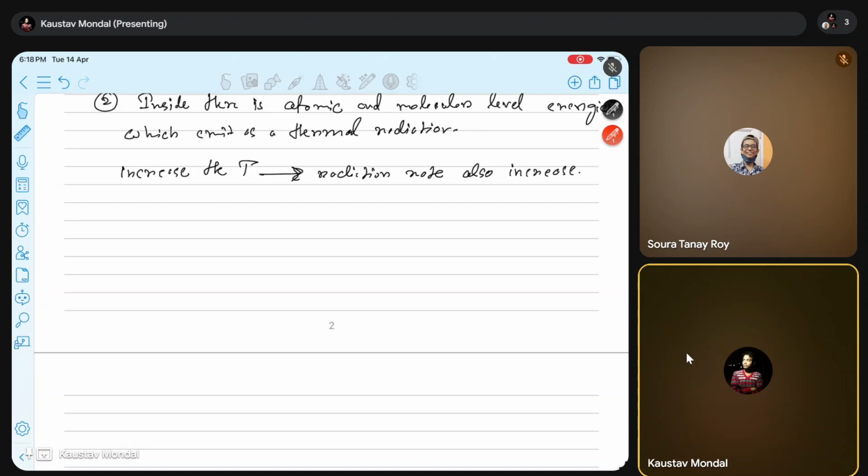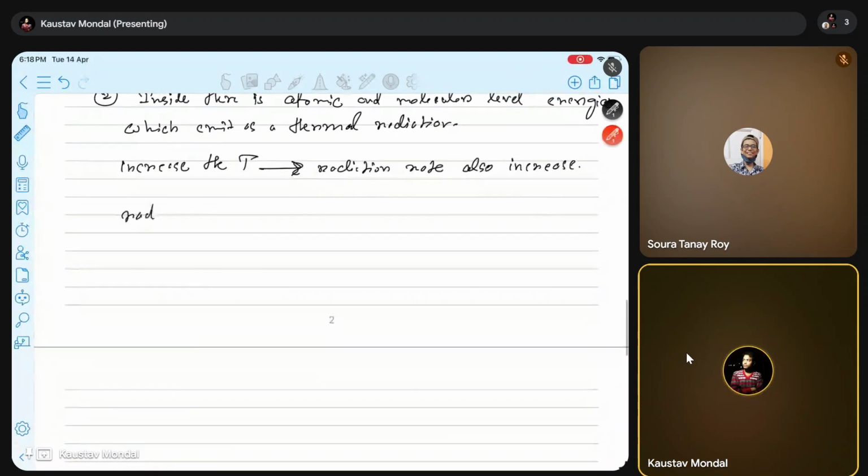If you want to study it in terms of electromagnetic waves, you have to study electromagnetic theory. So radiation emits as EM wave.